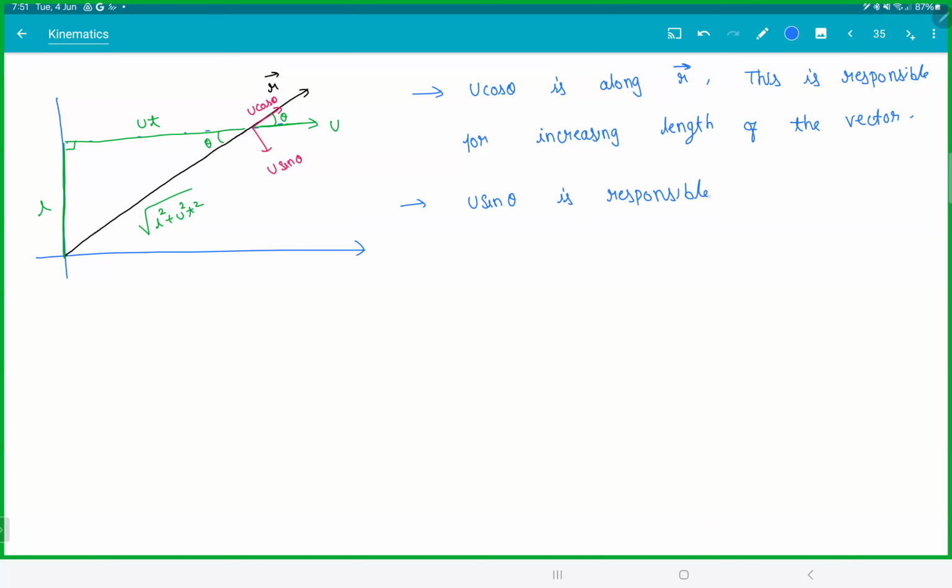So every time the velocity has two components, they play two different roles. One will change the magnitude, one will change the direction.